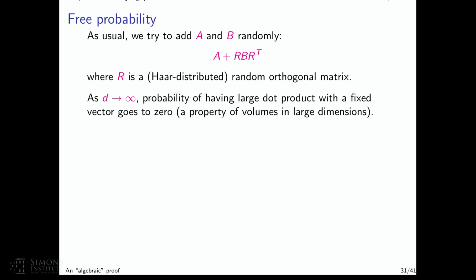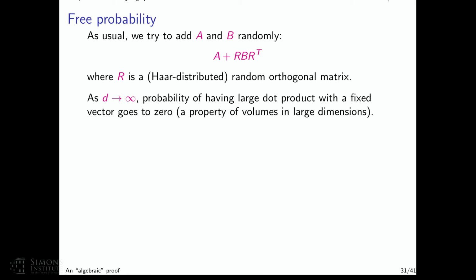So what if we try to add A and B randomly? It's just a thought experiment. So let's look at A plus R B R transpose, where R is a Haar distributed random orthogonal matrix. So I'm looking at all possible rotations. Well, it turns out as the dimension goes to infinity, the probability of having a large dot product with a fixed vector goes to 0.